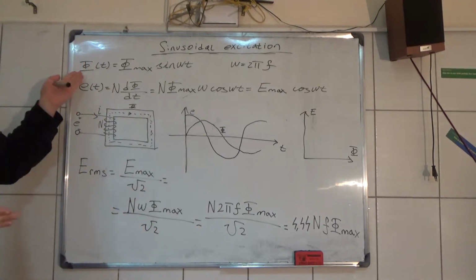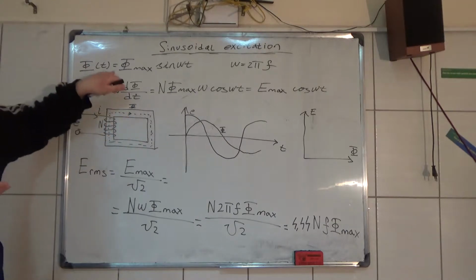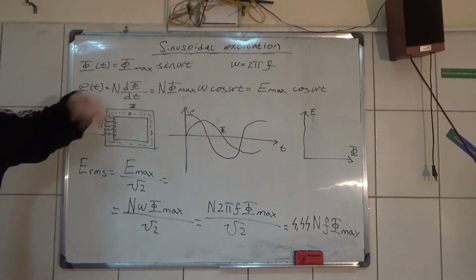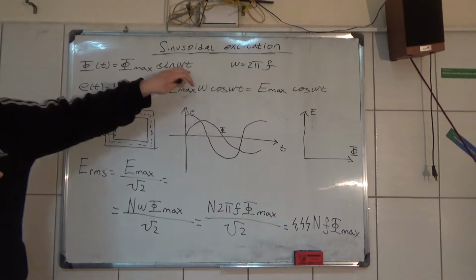So the flux in this magnetic circuit changes with this law or formula. The amplitude, which is equal to flux maximum, times sine omega t.